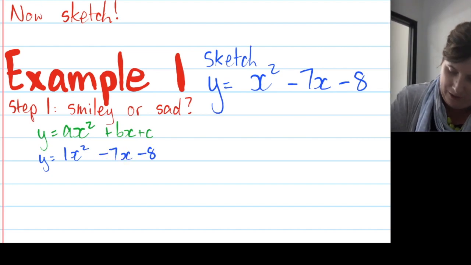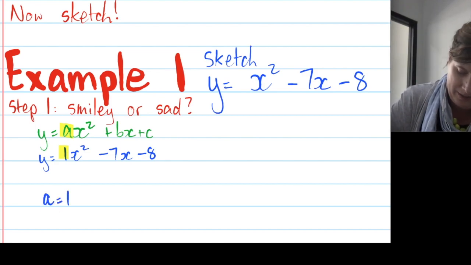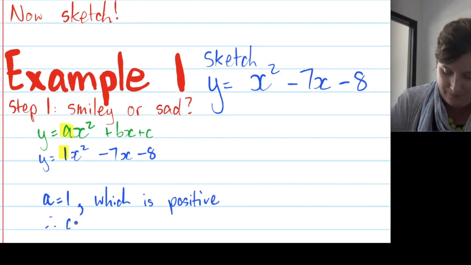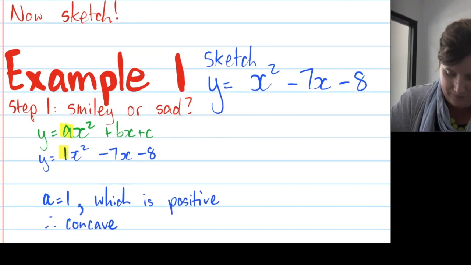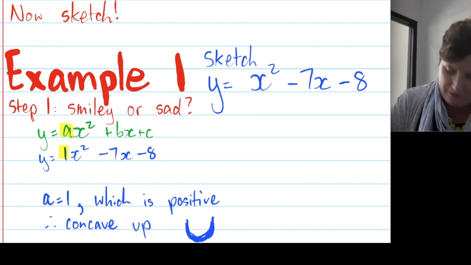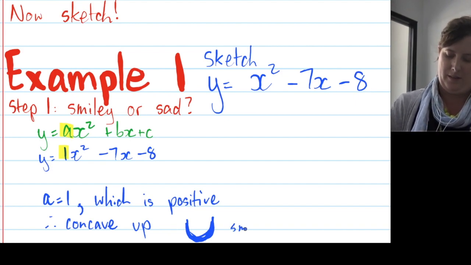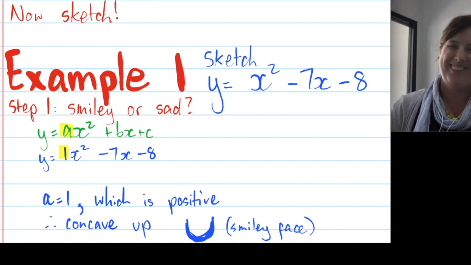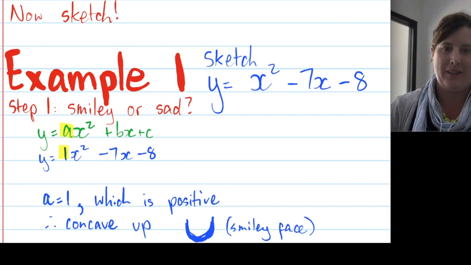The number in front of the x squared is a. So here a equals 1, which is positive. Therefore, it's concave up, which is a smiley face. Excellent. So we've done step 1 already.